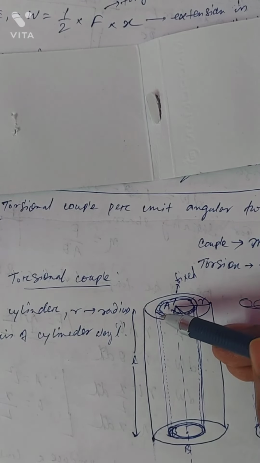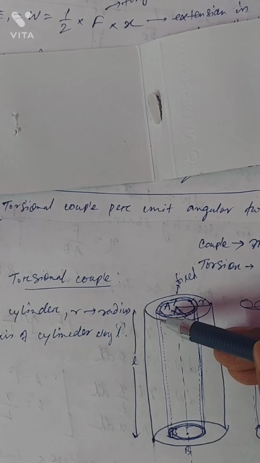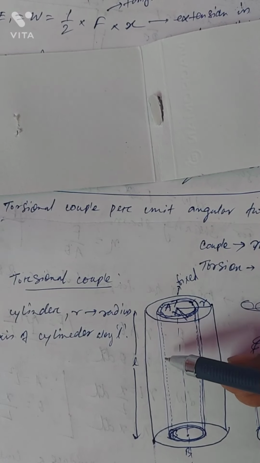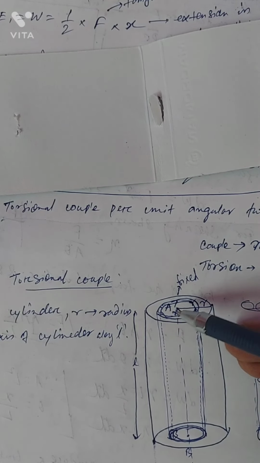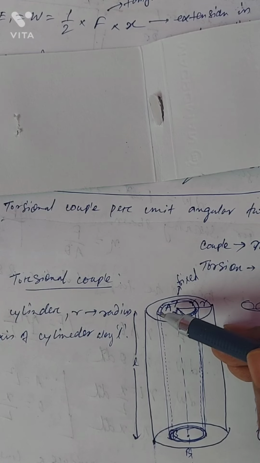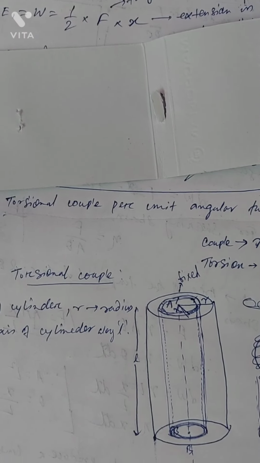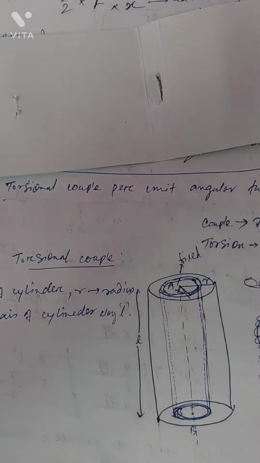So consider a small section of a cylinder which is a coaxial hollow cylinder of length L, radius x, and radial thickness dx. This will be clear here, as you can see.